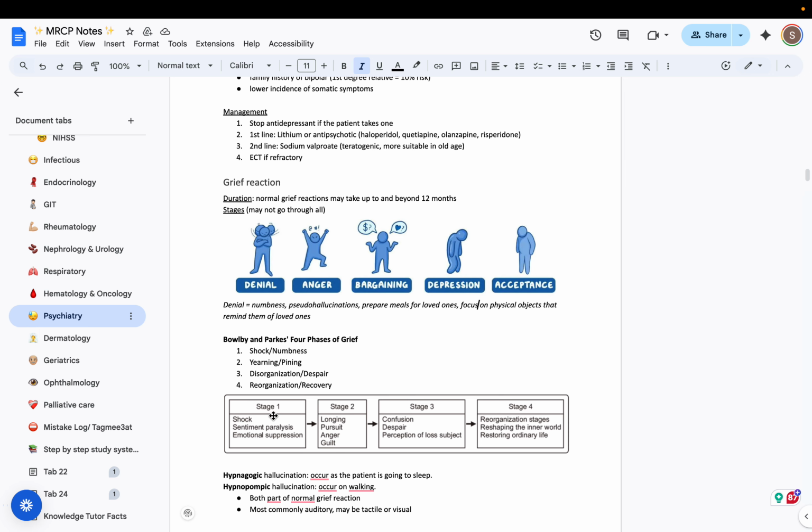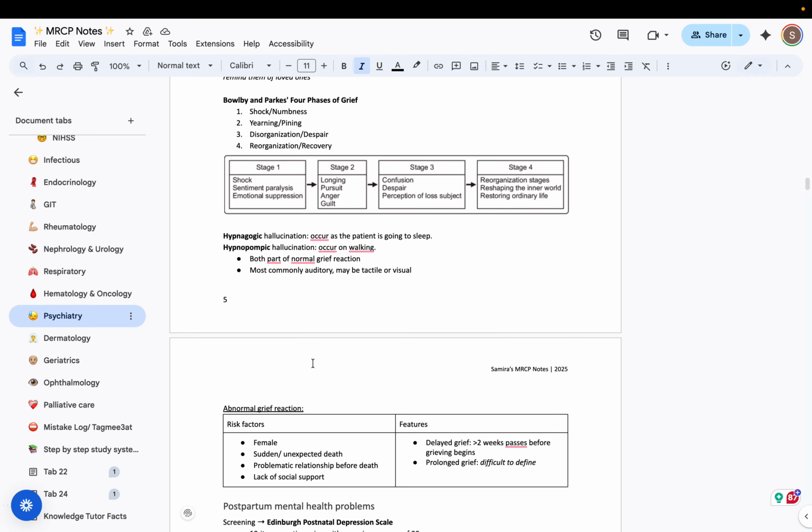Stage 1 would be shock or numbness, emotional suppression, and then yearning or pining, longing, pursuit, anger, and guilt, and then confusion, despair, disorganization, and then reorganization, reshaping their world and restoring their ordinary life, or acceptance.